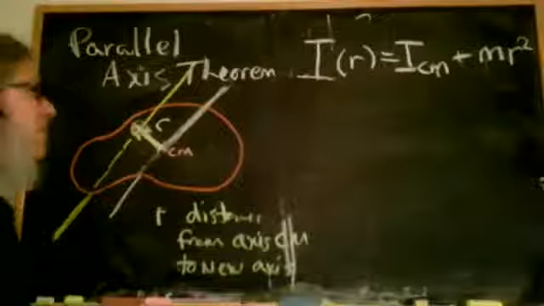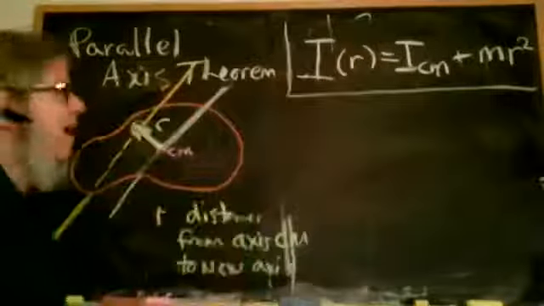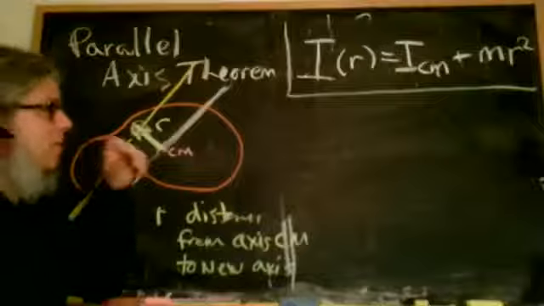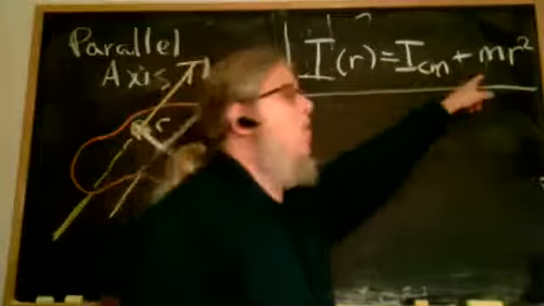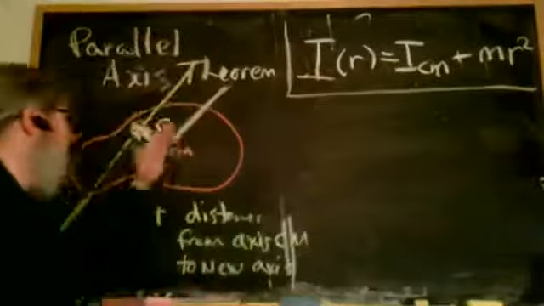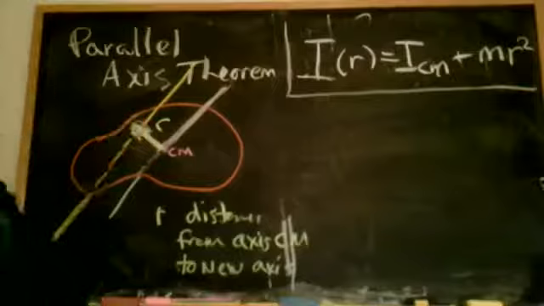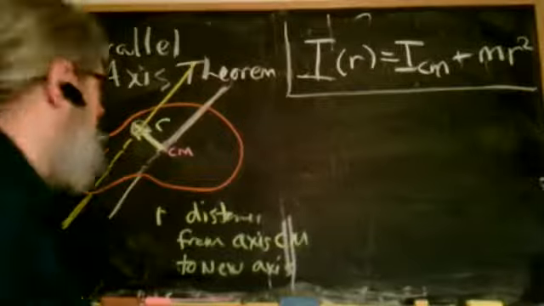So it gives you a shorthand formula for recalculating the rotational inertia without having to do a whole bunch of calculus when you move from one location to another. Okay, so this is nice.